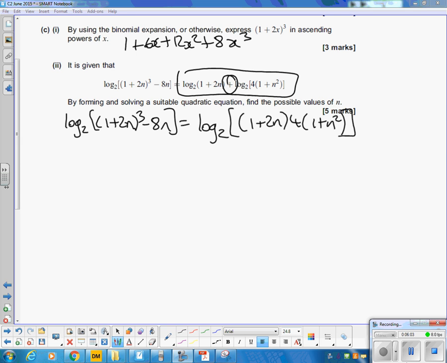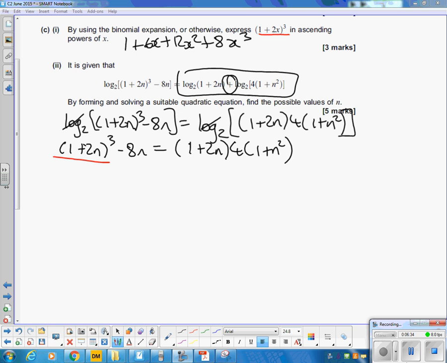Okay, now we have a single log on both sides. That means the thing in the brackets must be the same. So (1 plus 2n) cubed minus 8n must equal (1 plus 2n) times (1 plus n squared). Let's see, do we spot anything? Well, (1 plus 2n) cubed is the same as what we've done above, except with an n instead of an x.